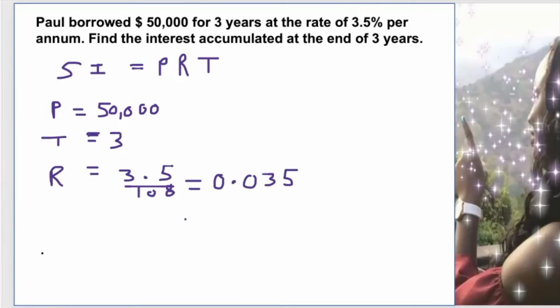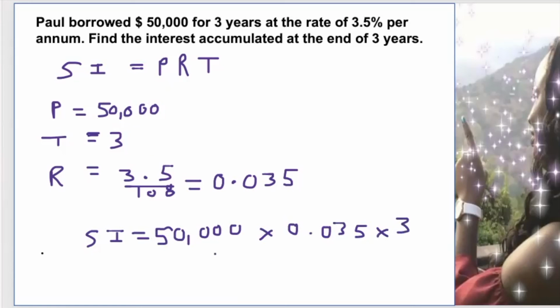Now to substitute to find our unknown. Our unknown is the simple interest. So principal is 50,000, and I write my 50,000 multiplied by the rate, which is 0.035, times T, which is the years.